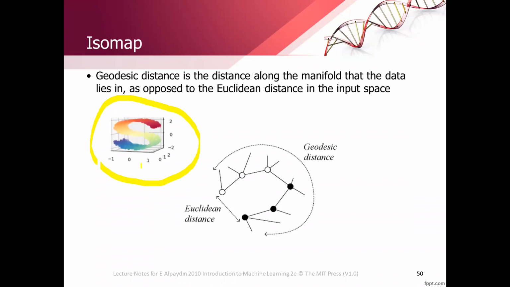And instead of computing the Euclidean distance between these two observations, we compute the distance based on the neighbor relation. So we compute the shortest distance in this graph, and in this graph we have edges only for observations which are close to each other, so neighboring observations. So Isomap is trying not to preserve the Euclidean distances, but the geodesic distances.